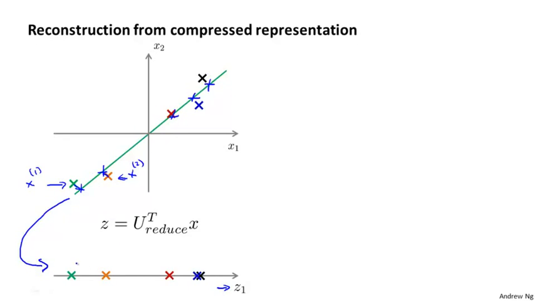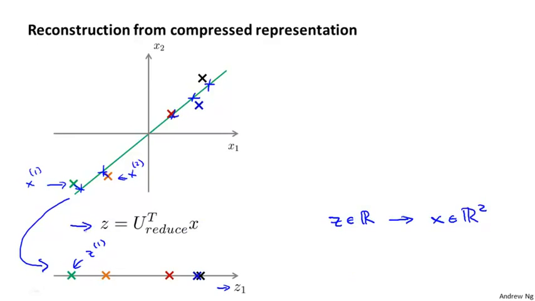So given a point like this, given a point Z1, how can we go back to this original two-dimensional space? And in particular, given a point Z, which is in R, can we map this back to some approximate representation X in R2 of whatever the original value of the data was?